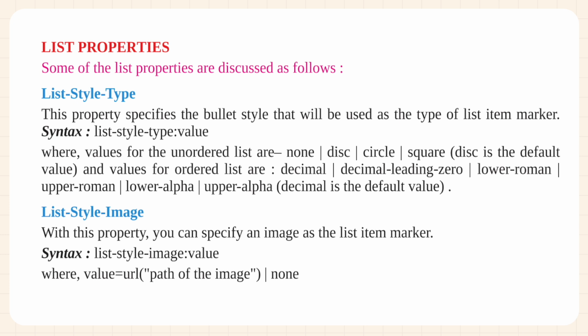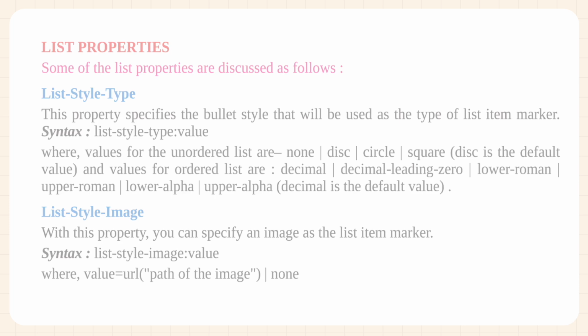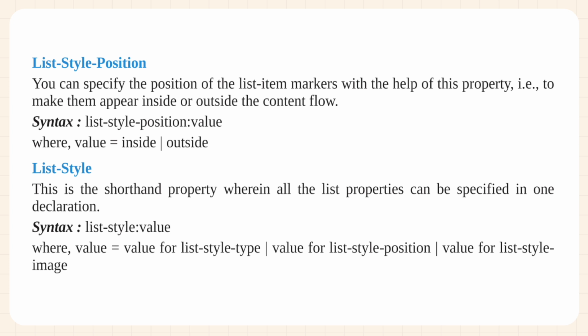List-style-image: with this property, you can specify an image as the list item marker. Syntax: list-style-image: value. Where value is equal to URL (path of the image) or none. List-style-position: you can specify the position of the list item markers with the help of this property, i.e., to make them appear inside or outside the content flow.